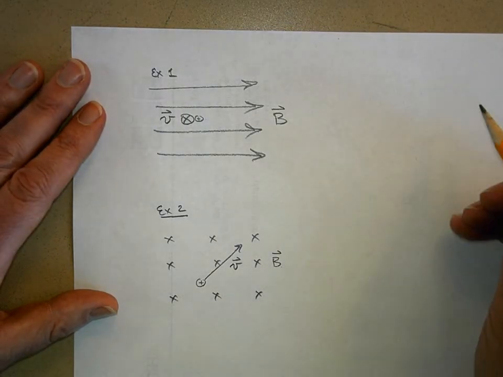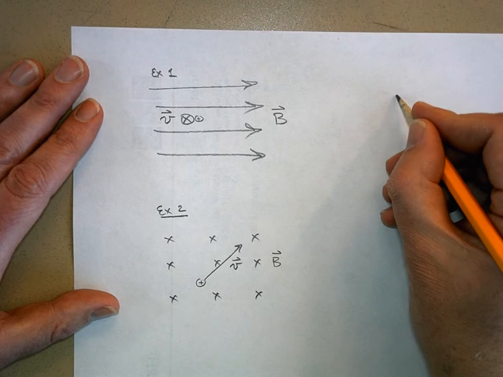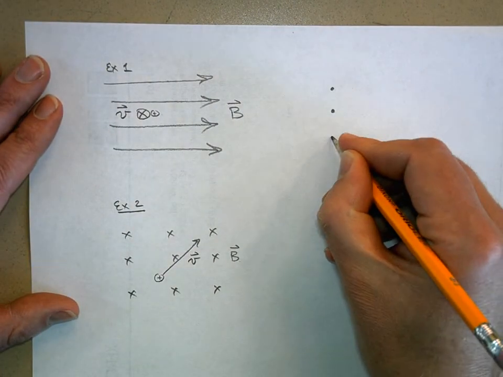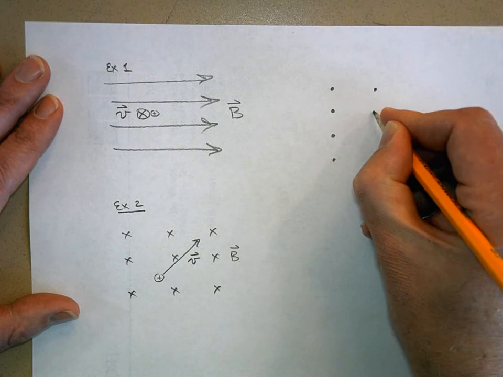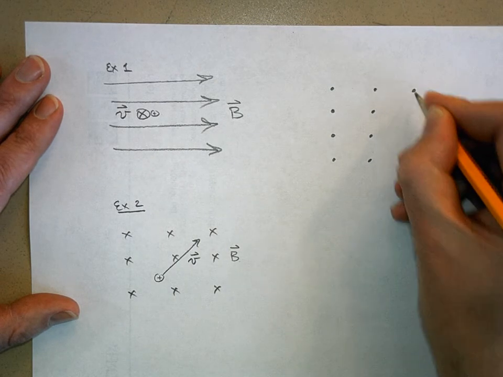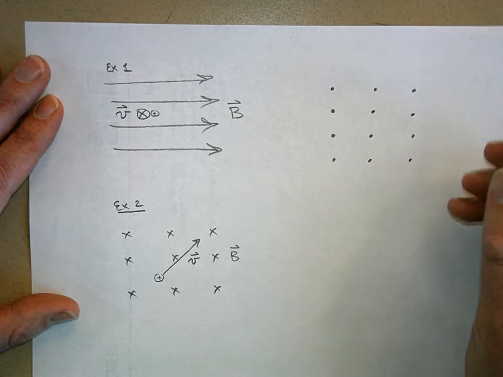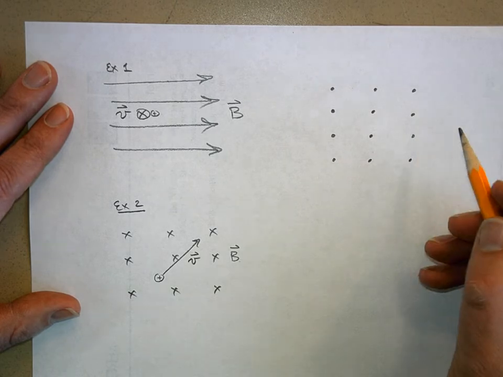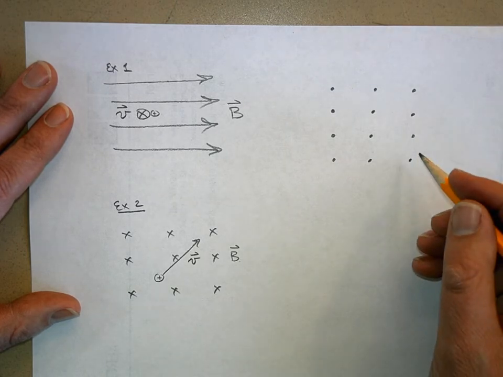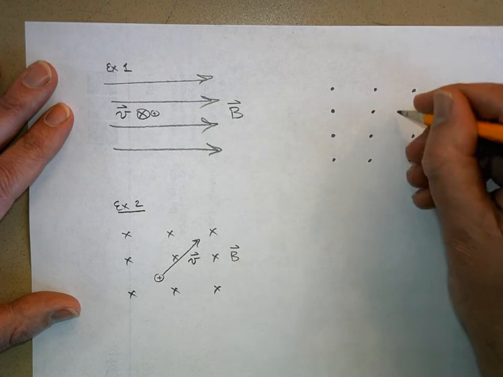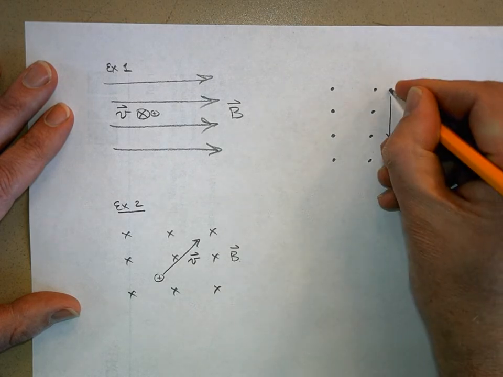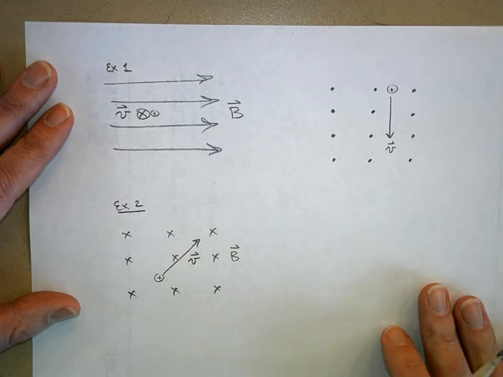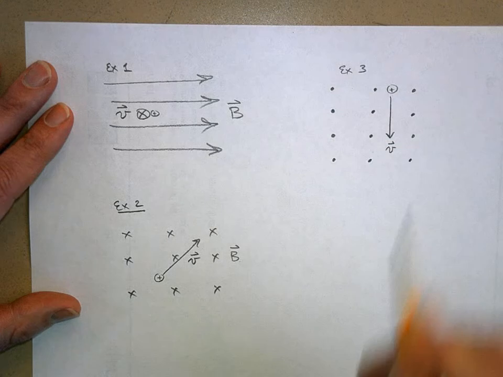All right. Let's have a magnetic field coming out of the board over here. We'll just do 4 of these. And let's have a velocity vector moving straight down. And that'll be example 3. So figure out that.